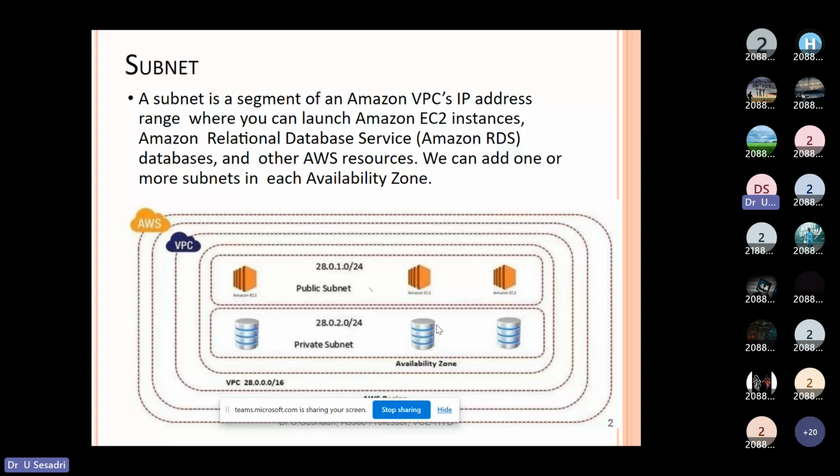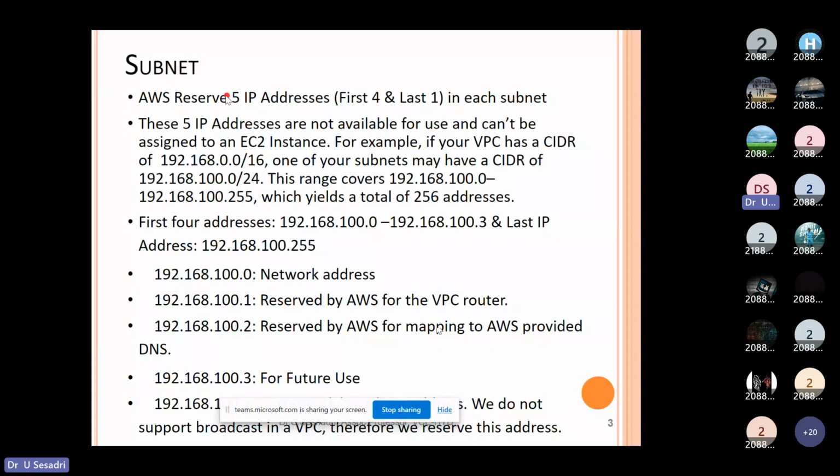So AWS reserves 5 IP addresses, the first 4 and the last one in each subnet. These 5 IP addresses are not available for use and cannot be assigned to an EC2 instance.